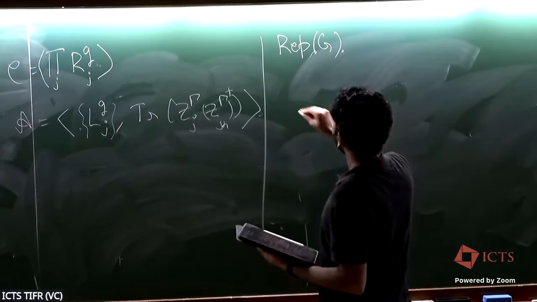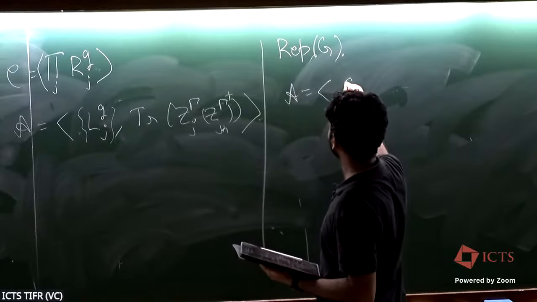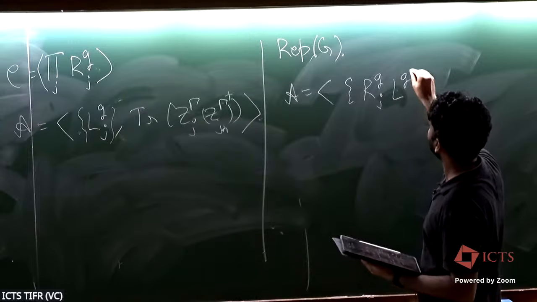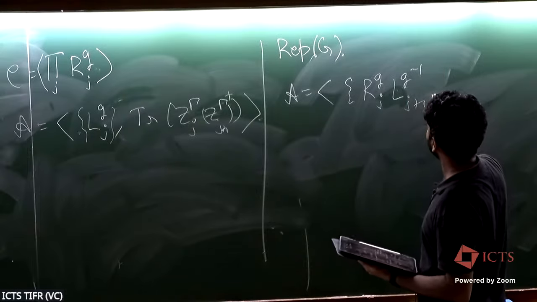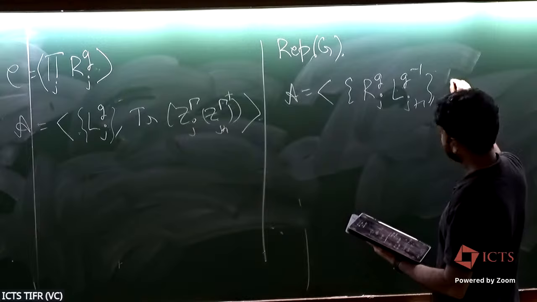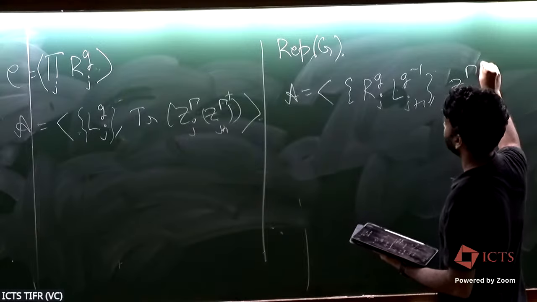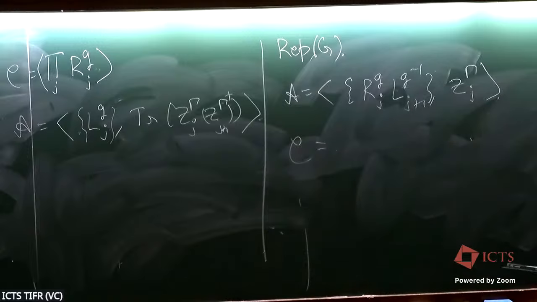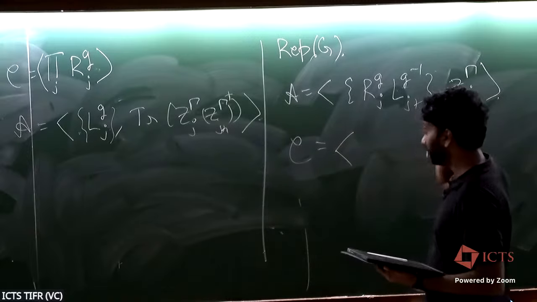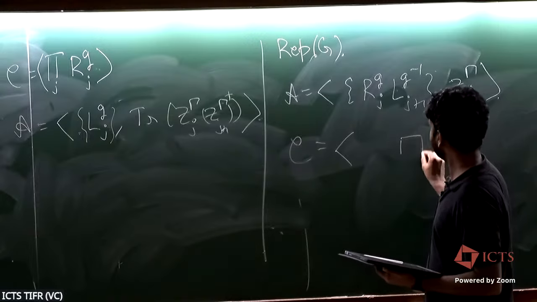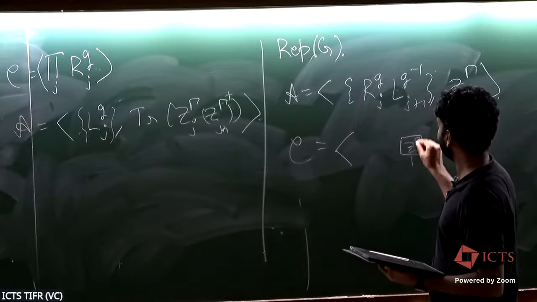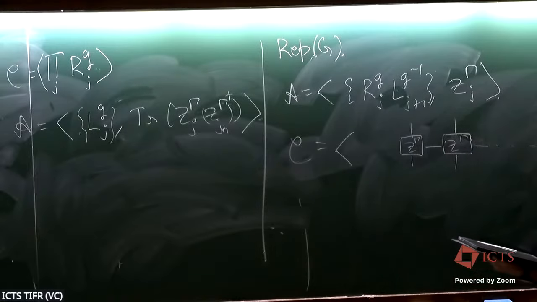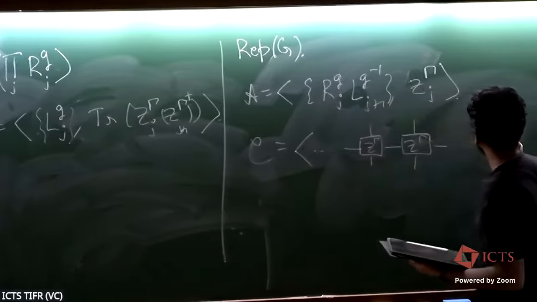If you take the bond algebra, or the set of local operators, defined as LG, RG, LG inverse, and this Z gamma of J, and you try to solve for the commutant, you find a matrix product operator which is labeled by these Z gammas. And these are the matrix product operators that Frank was talking about.